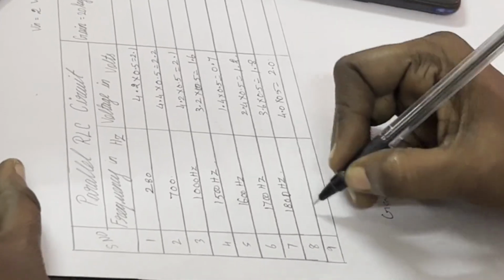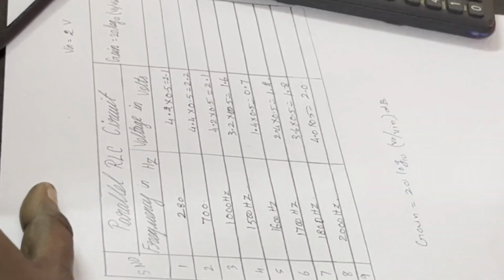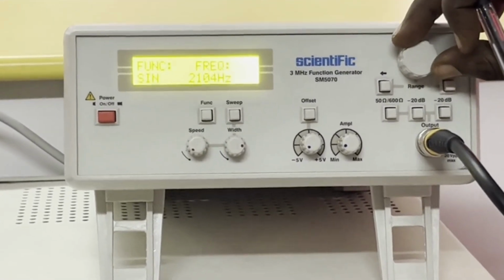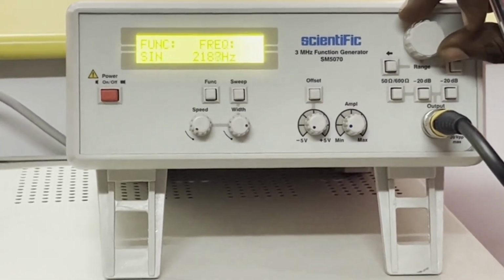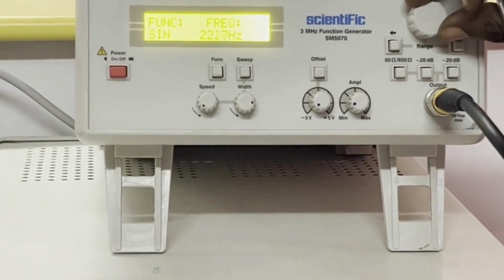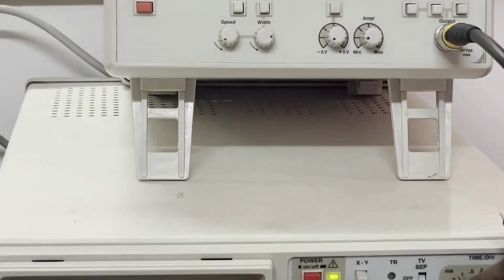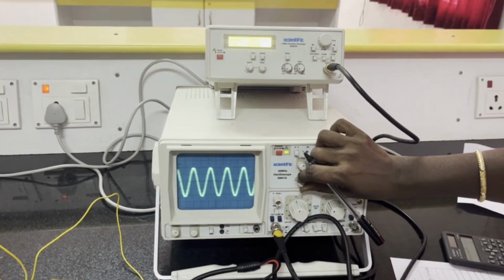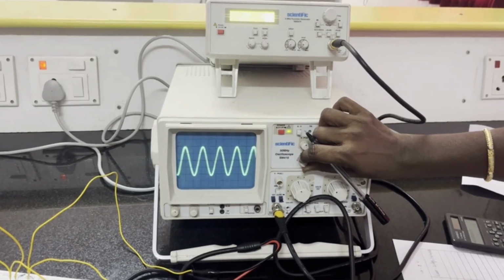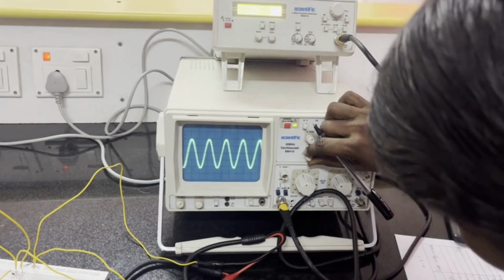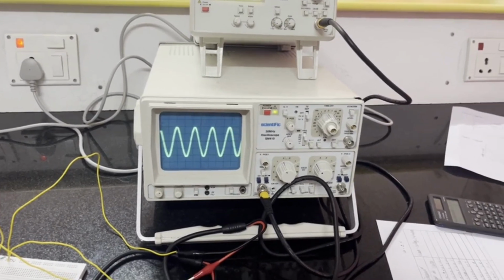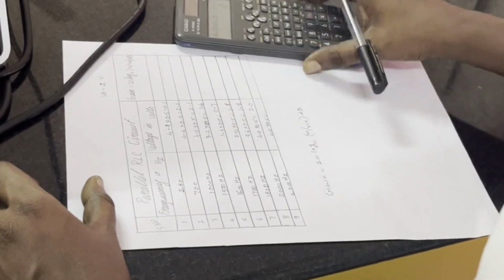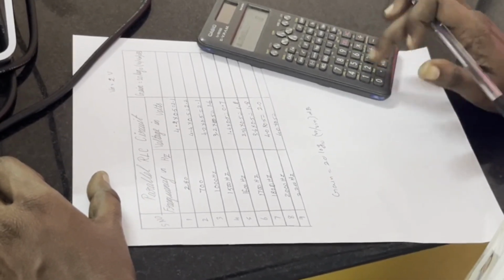So this is the 2000 Hertz. If you raise to 2100, 2200, see the signal. That much value is raised, and it is maintained at level 4. So at 2200 Hertz, 4.0 into 0.5.